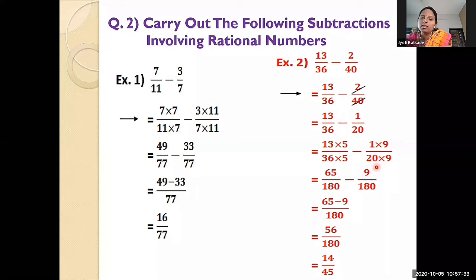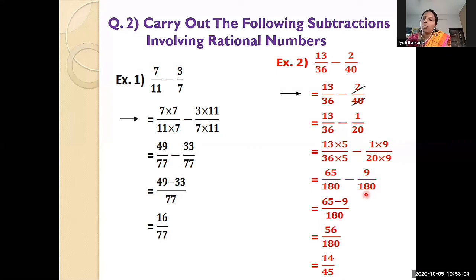When you take the LCM, you can understand why there is multiplication, multiply by 5 and 9. 13 into 5 divided by 36 into 5, minus 1 into 9 divided by 20 into 9. Then we get 13 5s are 65 over 180 minus 9 1s are 9 divided by 20 9s are 180.